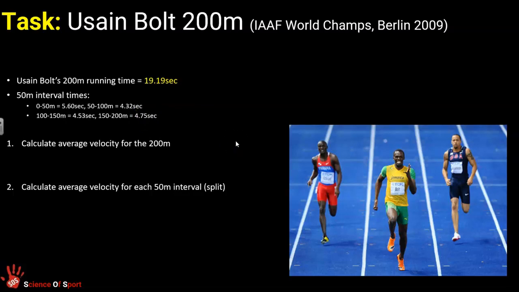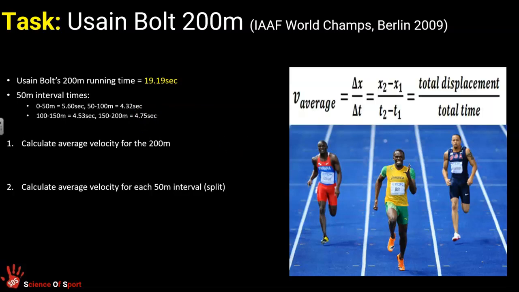What you can do then is calculate the average velocities, change in displacement over change in time. So that's the whole 200 meter average velocity. His average velocity for 200 meters was 10.42 meters per second. But you can also calculate the average velocities in each 50 meters.